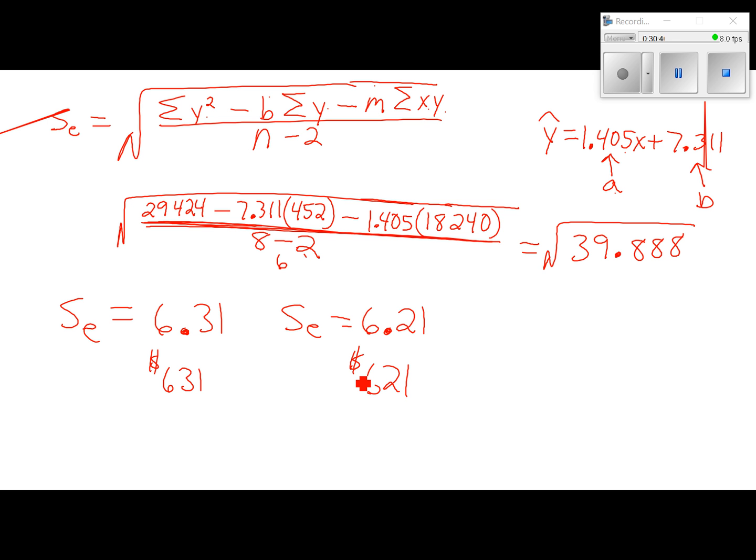If we were going back to the very start of this chapter, still finding slope, the y-intercept and r, and I was making you do it longhand, then it'd be better to do SE the second method, because we already have that chart.